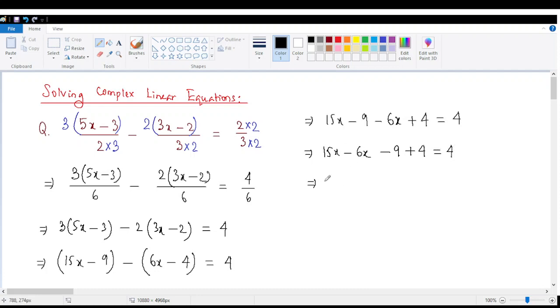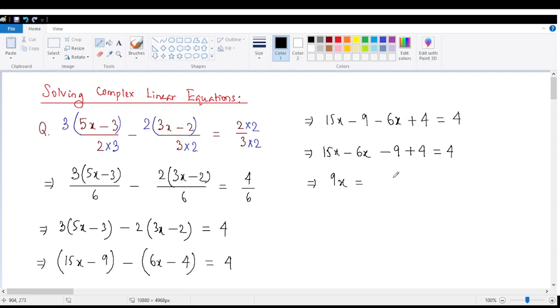Now 15x minus 6x is simply what, 7x? Oh wait, 9x, my bad, sorry, I'm not so good in calculation. 9x, right? 15x minus 6x is 9x.